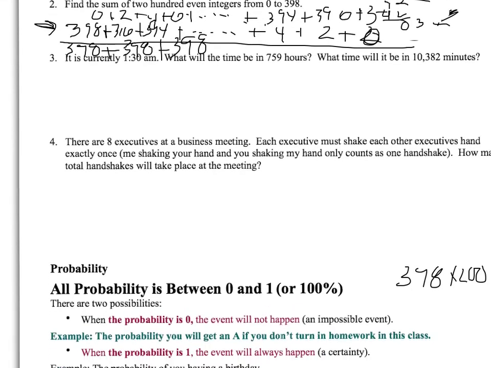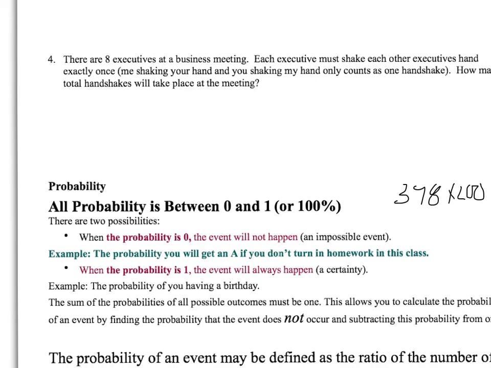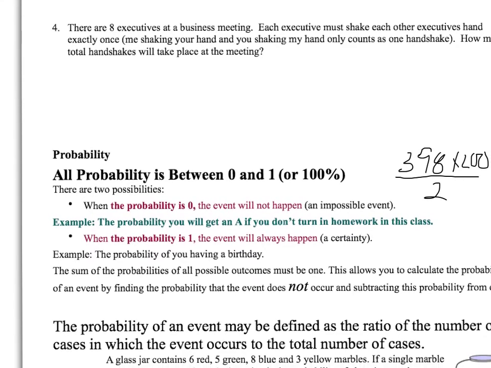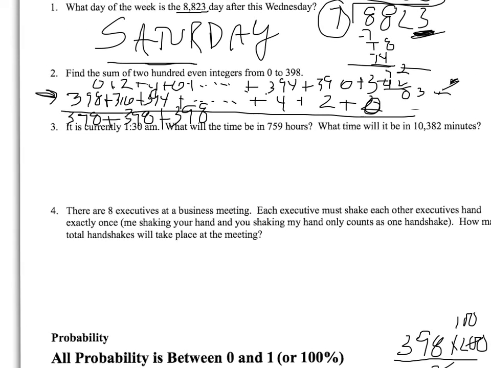So our 398 times 200, if we divide that by 2, that is going to be the actual sum of 0 plus 2 plus 4 plus 6 plus 8 all the way up to 398. So when we do this, 2 goes into 200 100 times. 100 times 398 is just 39,800. And that is the sum of those first 200 even integers.